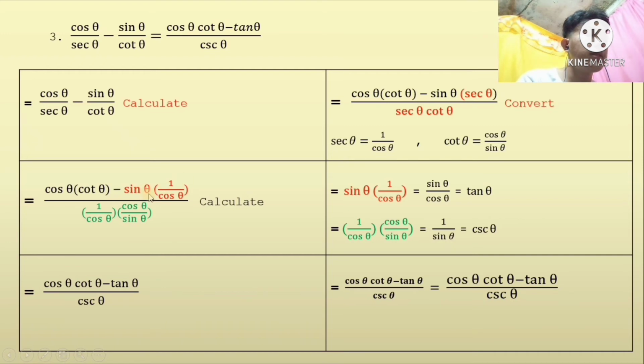Sine theta multiplied by 1 over cosine theta is equal to sine theta over cosine theta, so then convert to tangent. Then in the denominator, 1 over cosine theta times cosine over sine theta is equal to 1 over sine theta, or cosecant theta. So our final equation will be cosine theta times cotangent theta minus tangent theta over cosecant theta.